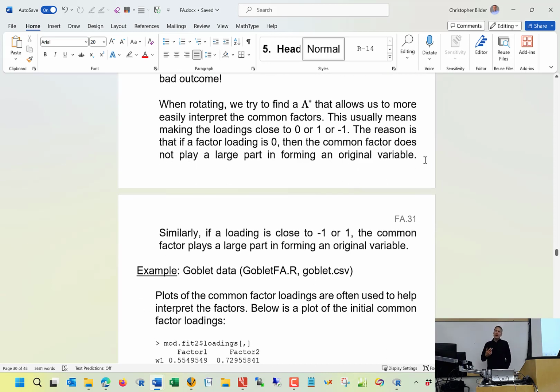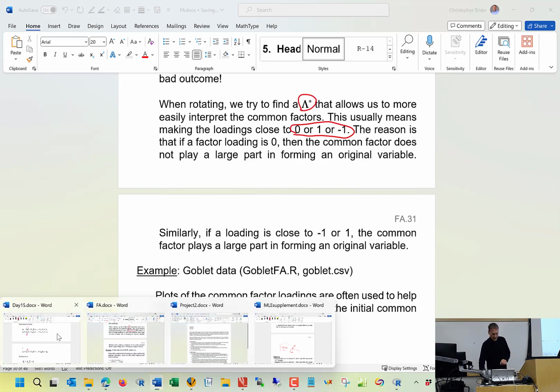And the idea here is to try to choose a T such that the values inside our lambda stars, which control our interpretation of the new common factors, are either close to 0, close to 1, or close to -1. Well, why? Let's go back to our original model.